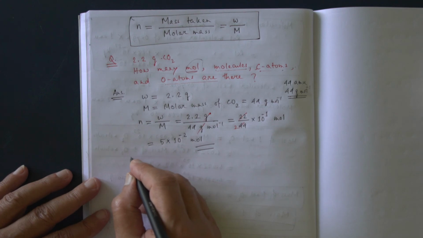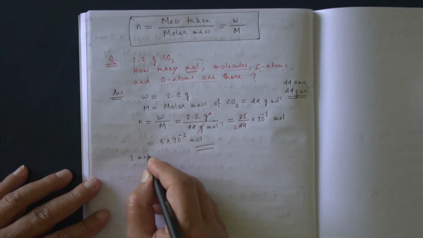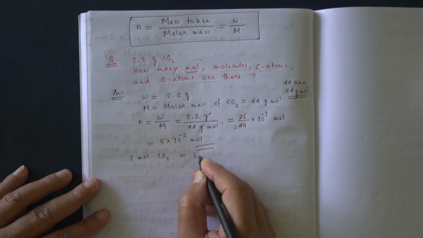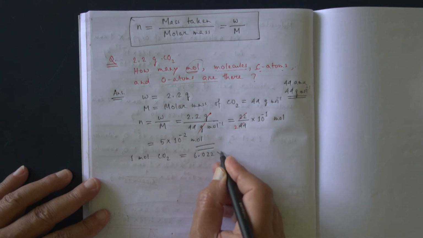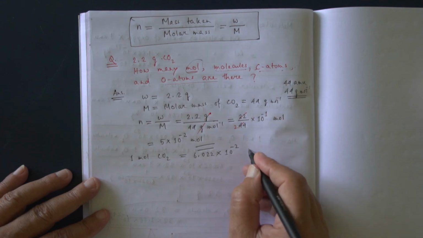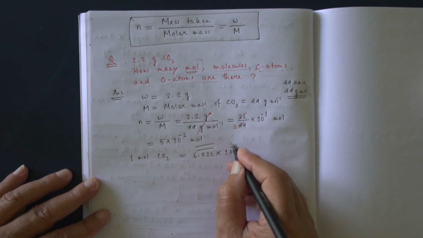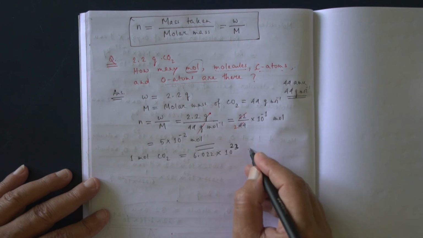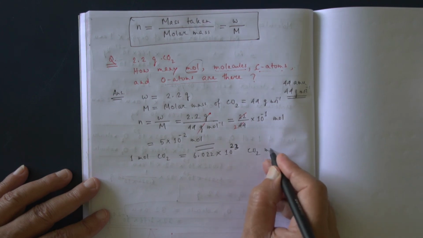Now 1 mole carbon dioxide is equal to 6.022 into 10 to the power 23 carbon dioxide molecules.